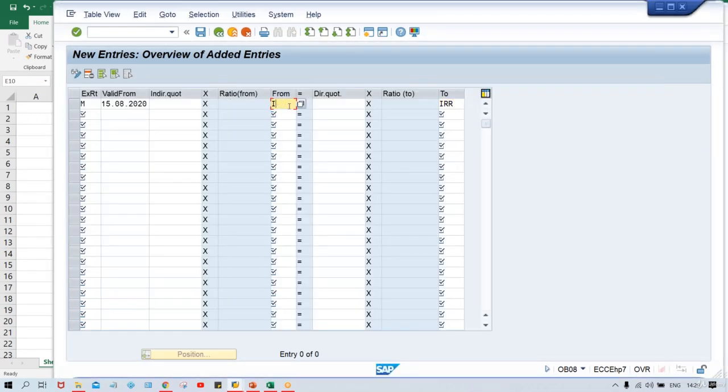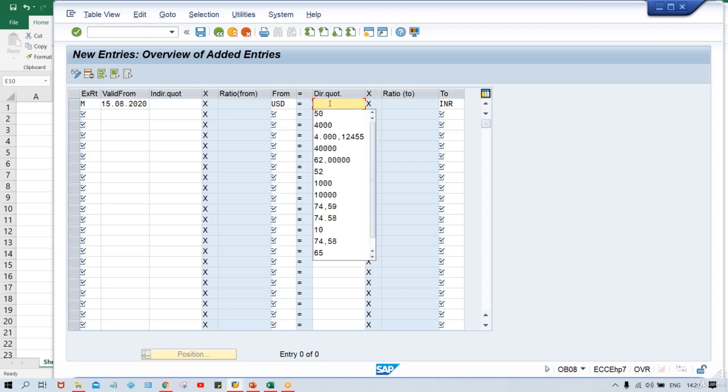So here Iranian currency and here Indian currency, right? Now what is happening, guys? If it was USD, then I'm saying that 1 USD equals 50 Indian currency. Look at here, under direct quotations.